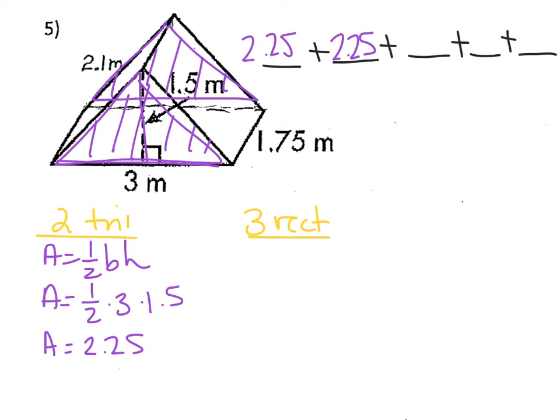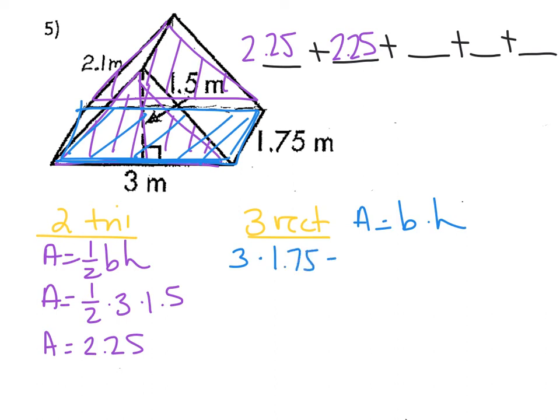So now we have to find the area of the 3 rectangles, and that formula is base times height. So if I start with the rectangle on the bottom of this picture, the base is 3, because that goes all the way across here, and the height is 1.75. So we have 3 times 1.75, which is 5.25.